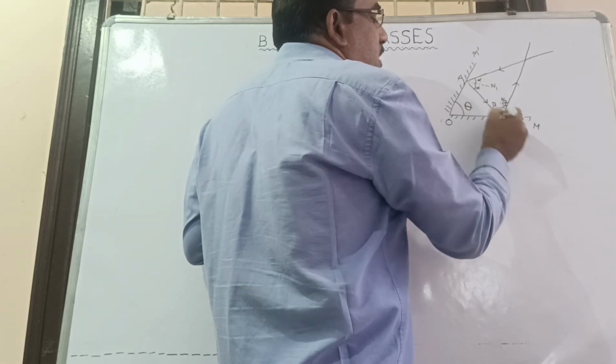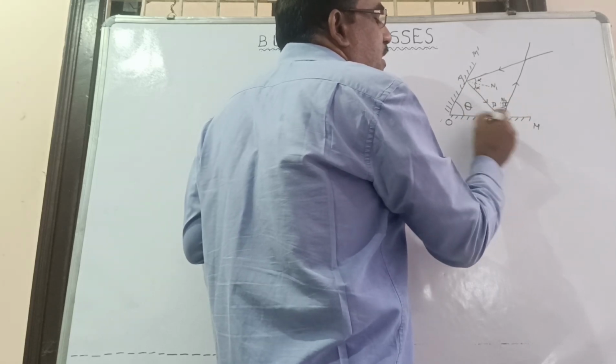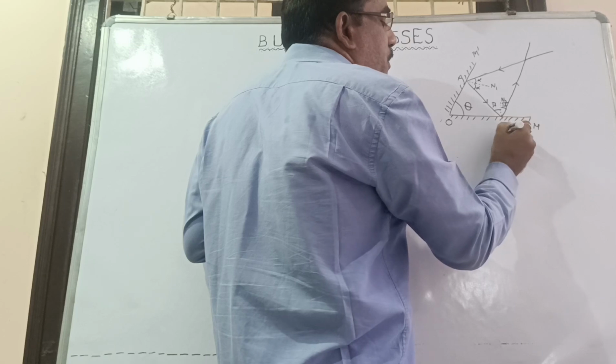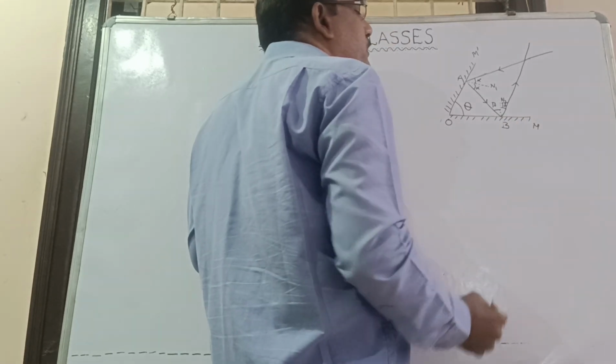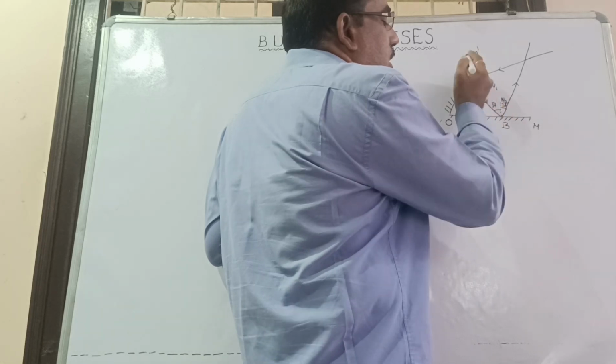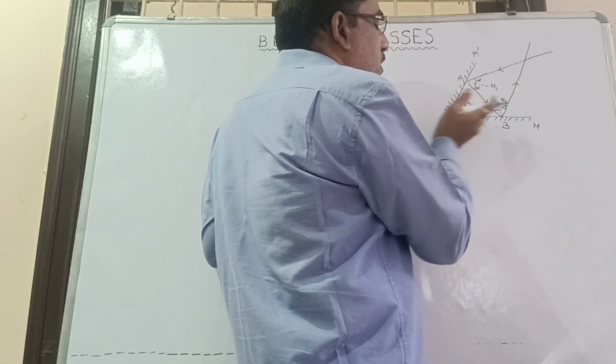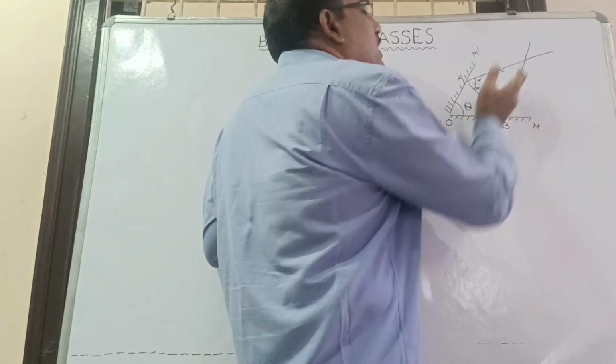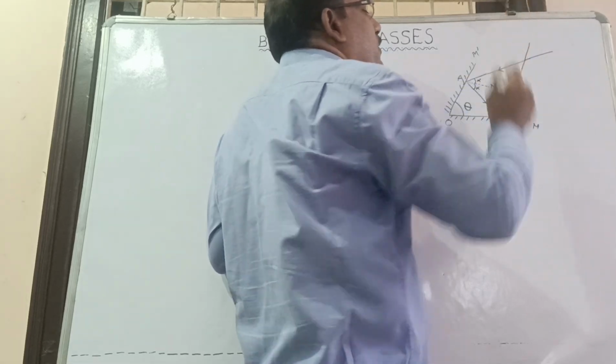This reflected ray is incident on the second mirror at a point B. Okay, next, again this second incident ray to the mirror OM is reflected and it has gone away.